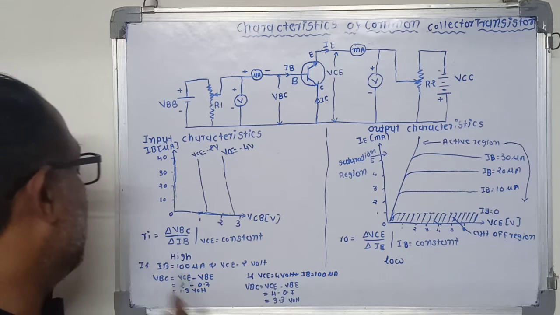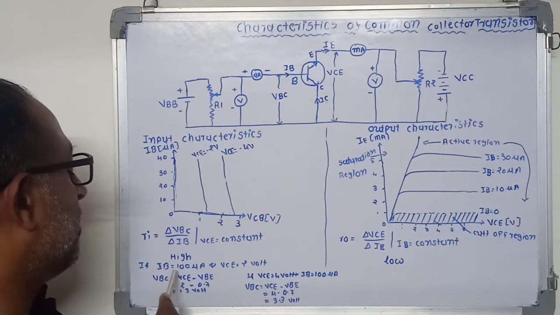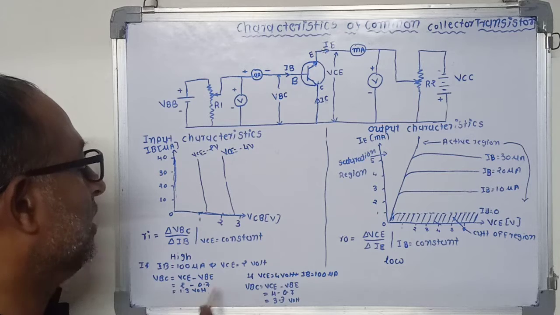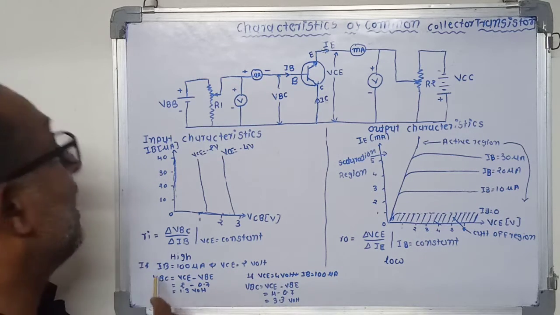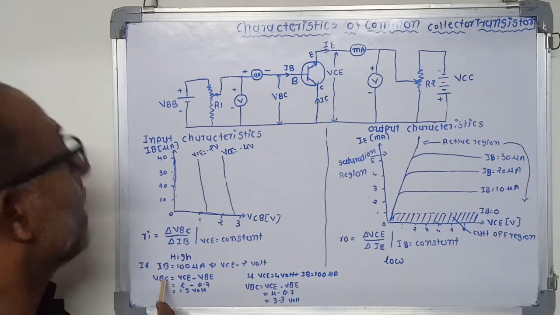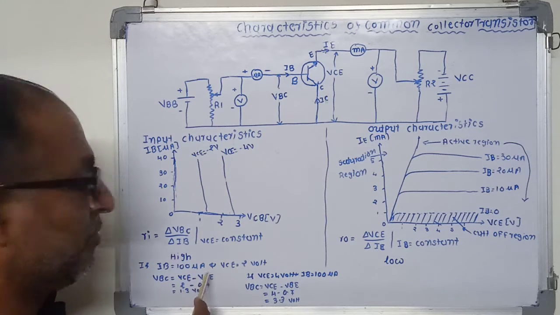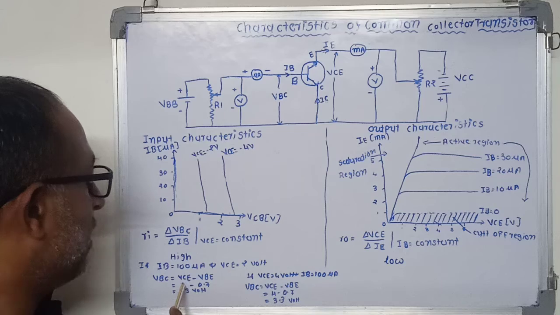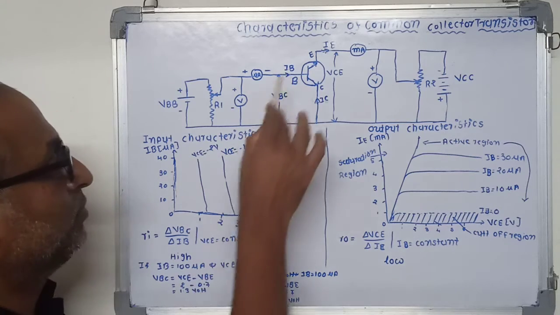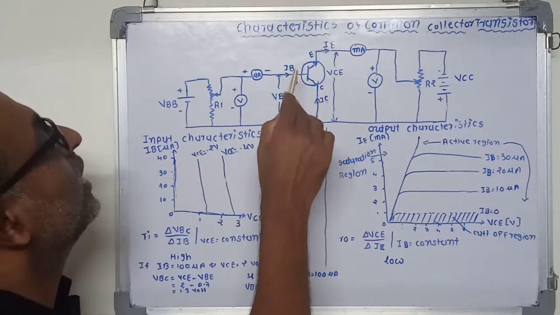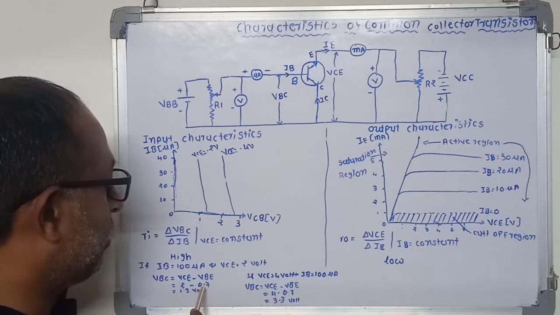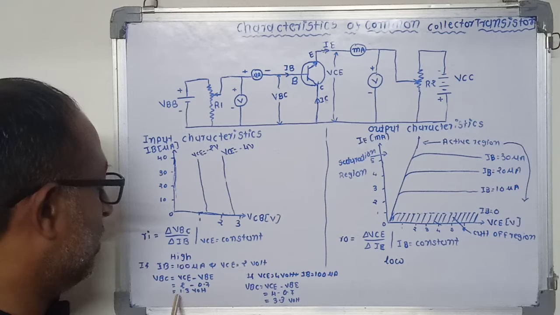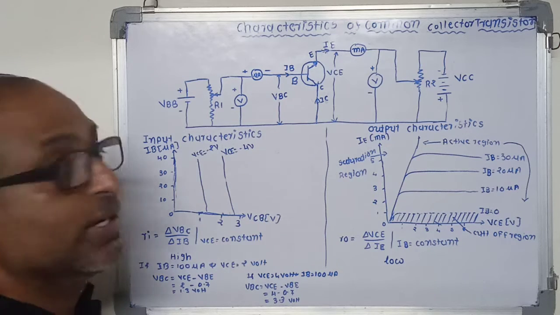Suppose we are taking base current equal to 100 microampere and VCE is set at 2 volts. So we can write VBC is equal to VCE minus VBE. Put the VCE value 2 minus 0.7, as we are assuming silicon type material, whose cutoff voltage is 0.7. So we will get 1.3 volts.